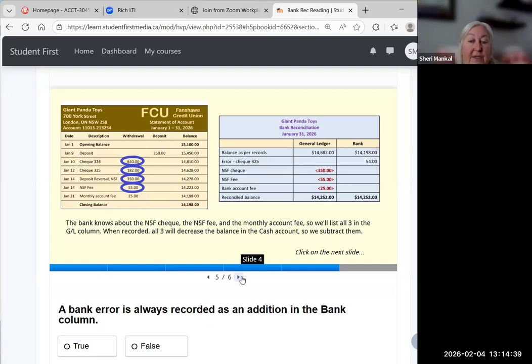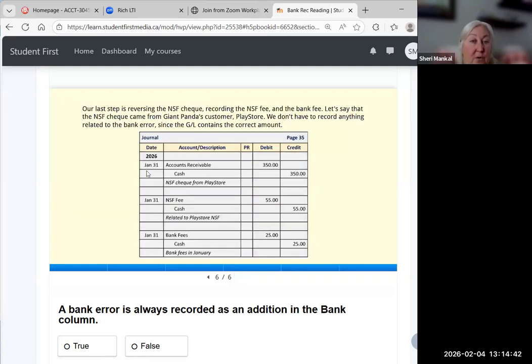For these other three things, we're going to continue on. We're going to record, we're going to journalize the changes. So accounts receivable is going to go back up by $350 and cash is going down by $350 because of that NSF check. Our NSF fee expense is going to go up by $55, and our cash is going down by $55. So that's the NSF fee, and that's an expense account. Now, we don't end up paying this because we will charge that back to the customer.